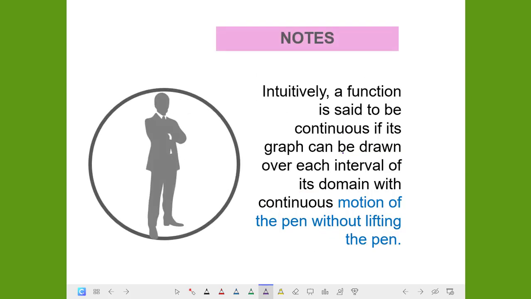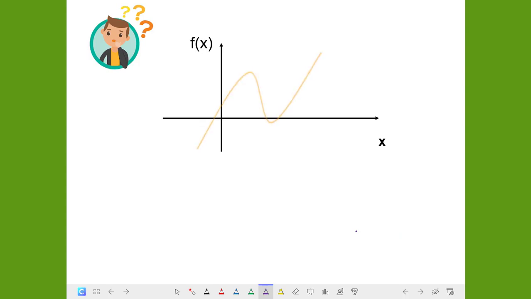Intuitively, a function is said to be continuous if its graph can be drawn over each interval of its domain with continuous motion of the pen without lifting the pen. Look at the graph.